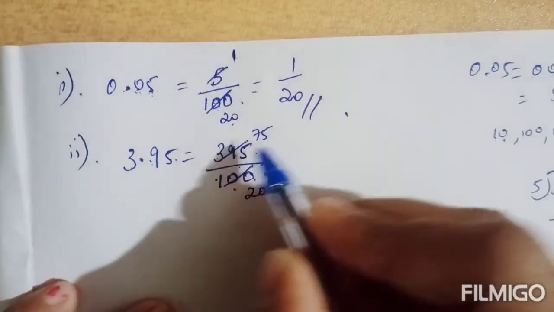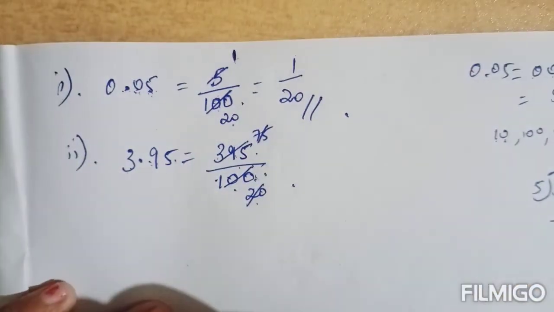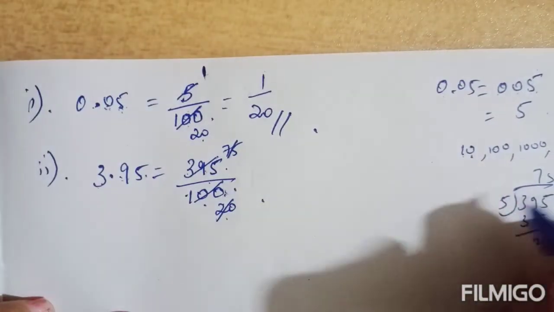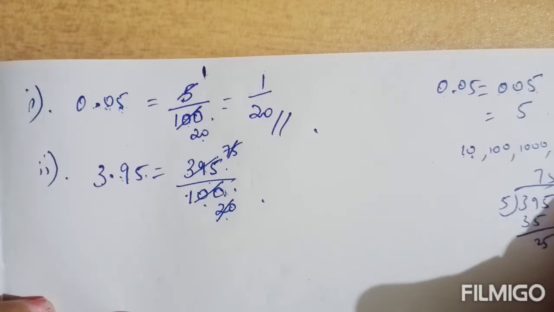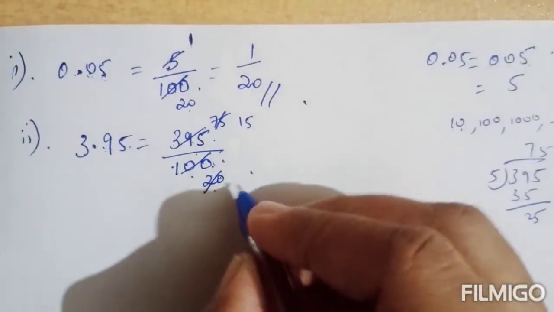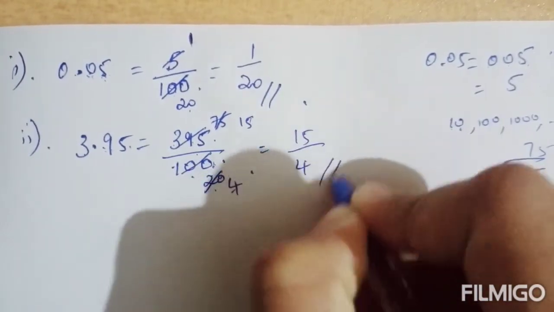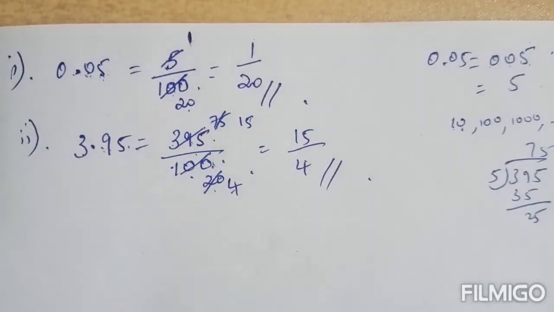Again 79 and 20... Sorry, 75 and 20 will go in 5. So 75 divided by 5 is 15, 20 divided by 5 is 4. So 15 by 4 will be the lowest term.